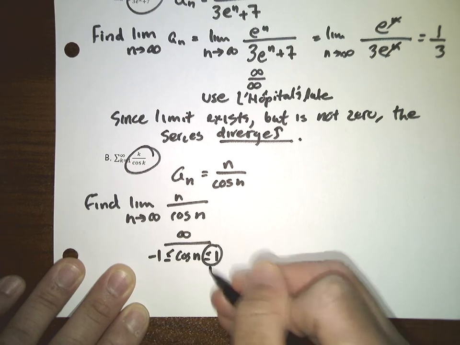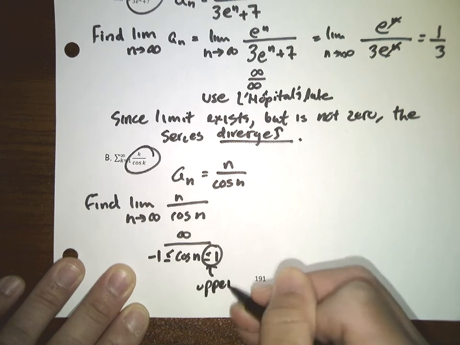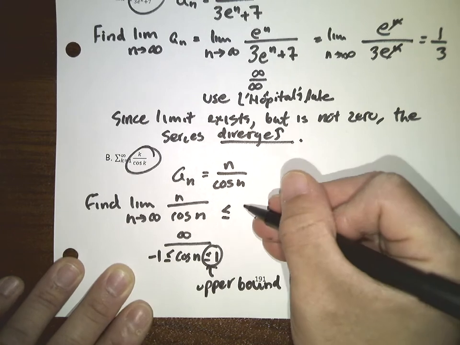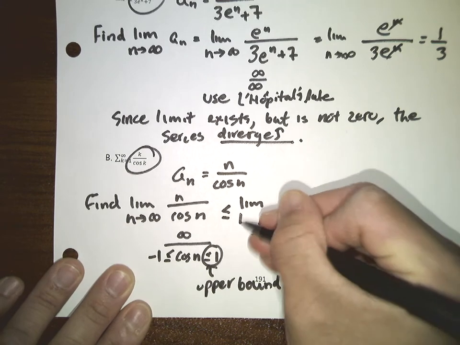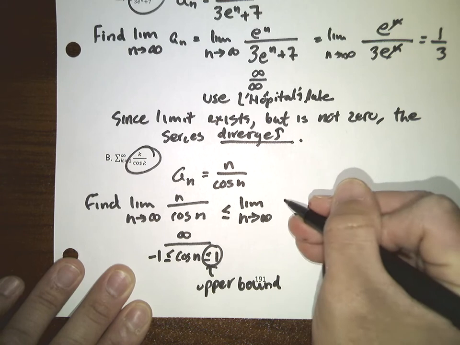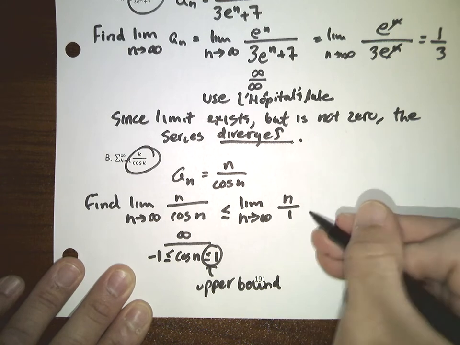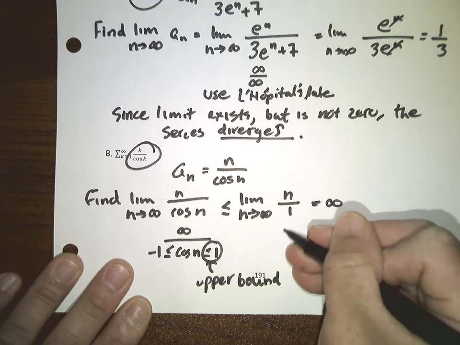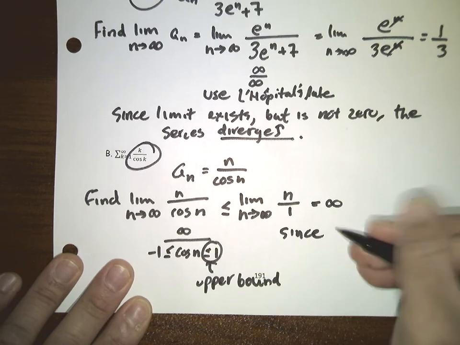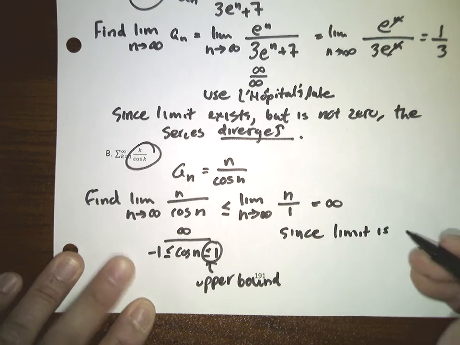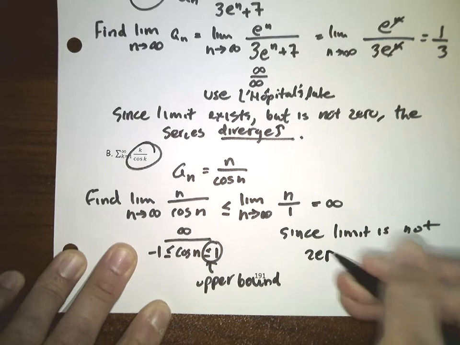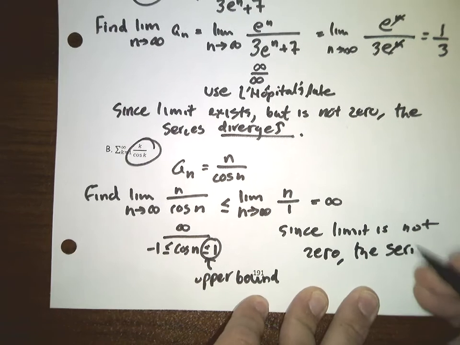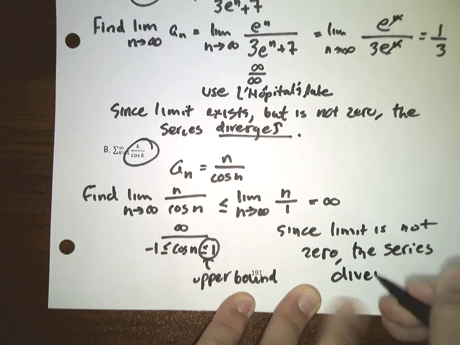So this is like an upper bound on it. So I know that this limit is always at least the limit as n goes to infinity of n over 1, which is equal to infinity. So therefore, since the limit is not 0, the series diverges.